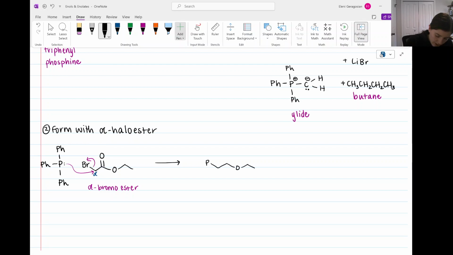The rest of the molecule is the same, and we have the 3 phenyl rings and a positive phosphorus. Now, again, we need to remove a hydrogen from the alpha carbon to produce the carbanion. Remember, if we have an alpha carbon, those hydrogens are more acidic. They're slightly acidic. So we have acidic alpha hydrogens here.